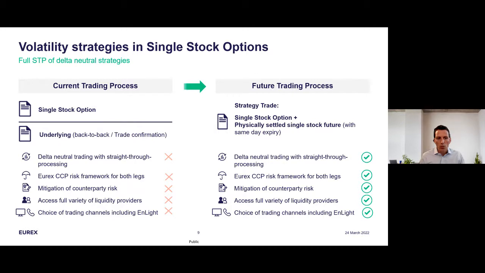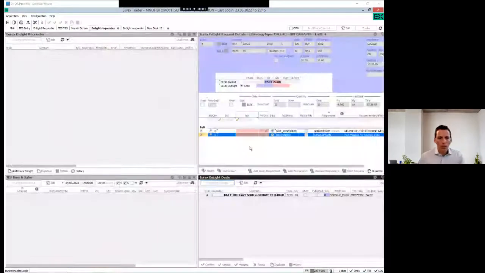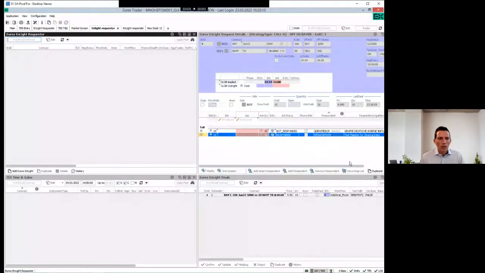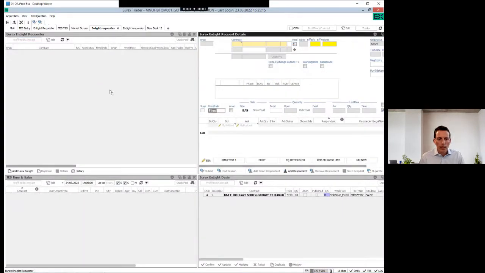I would go into one example, and I suggest we go directly into the simulation again. So I would share my screen again. I will use Eurex Enlight as an example to build such a strategy.